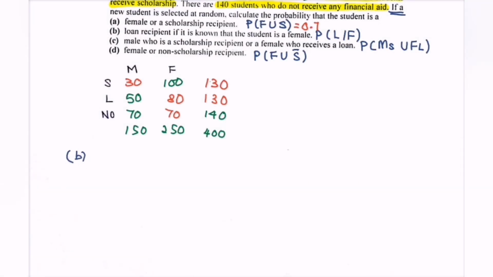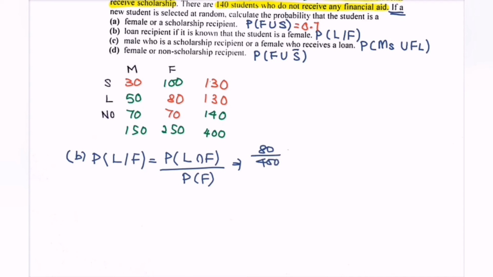So for the B, we have the probability that loan given that is a female. By referring to the formula, we have the conditional probability P(L intersect F) over P(F). So by referring to the situation, what is the probability for L intersect with the female? Meaning that loan intersect with the female, we have 80 over 400.